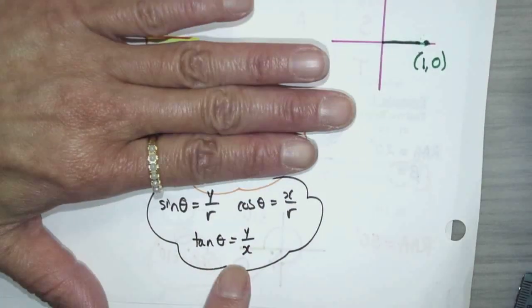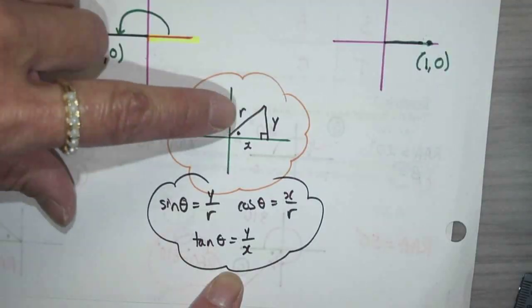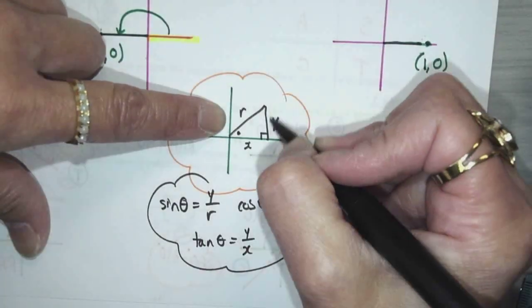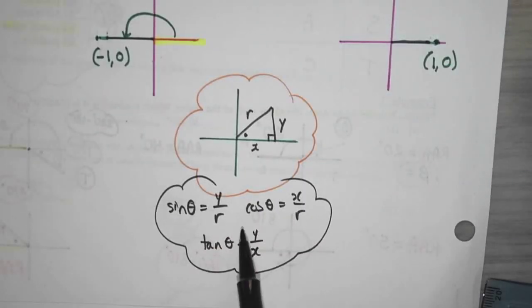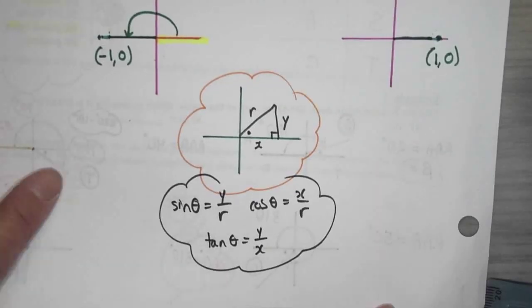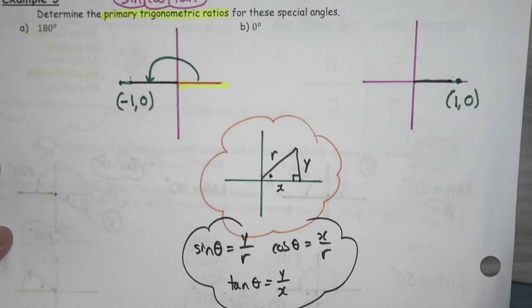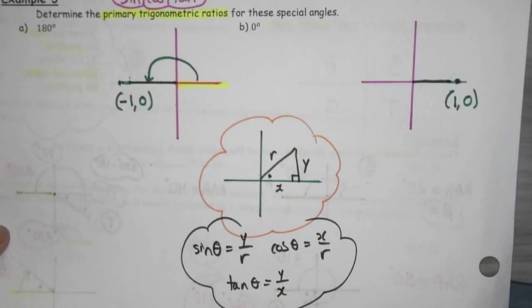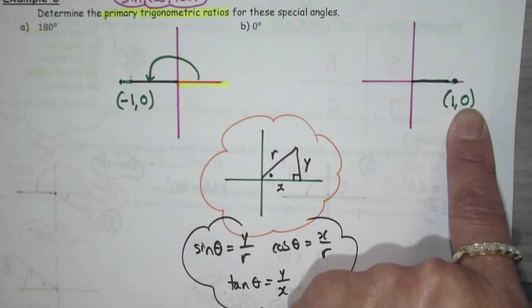I'm just not good at memorizing. I always picture my triangle, and y I know is up and down, and x is across. So I picture that instead of memorizing this. Some people memorize this, some people picture this. It's up to you. You have to use this to answer your special angles. What do I mean by special angle again? 180, 0. Where are my other special angles?